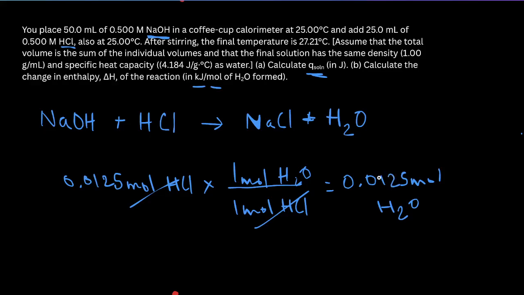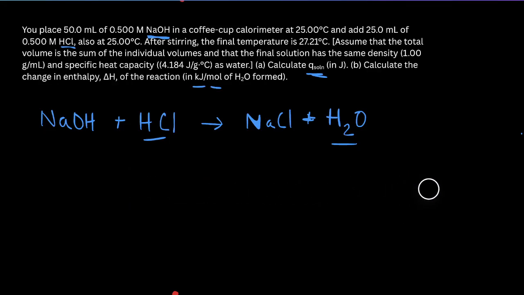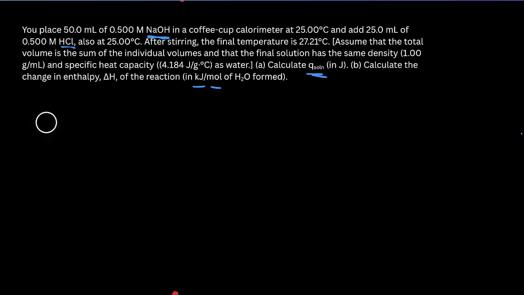And so since our limiting reactant is HCl, and we see that we have a 1-to-1, for every 1 mole of HCl that reacts with NaOH, we will form 1 mole of water. Setting this up in this stoichiometric fashion, we can find the amount of water that we form in moles. And so now that we've got that number, we can simply plug it into our change in enthalpy formula we just spoke of earlier.